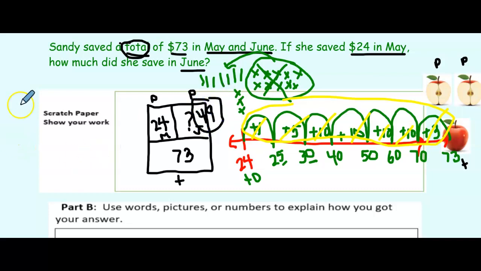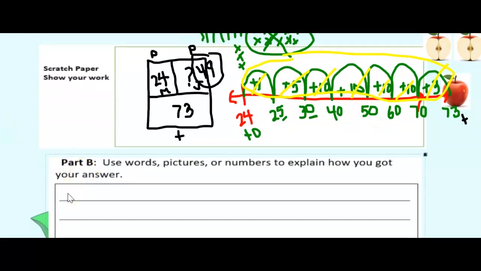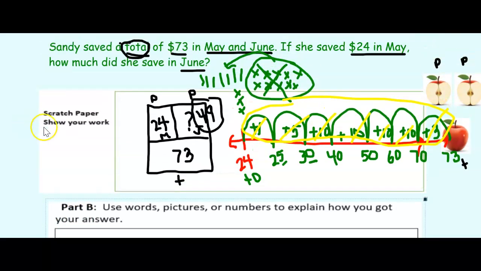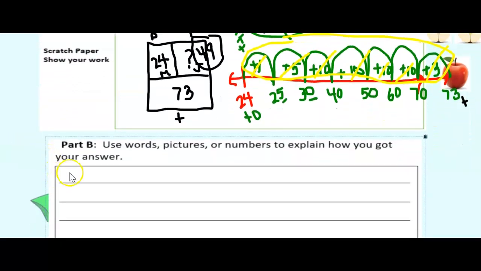Now, can you help me explain how we figured out the answer? First, let's turn our question into an answer. How much did she save in June? We can say Sandy saved $49 in June. Don't forget that $ sign.